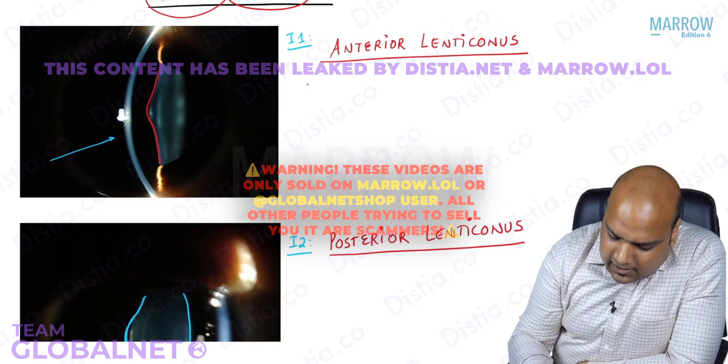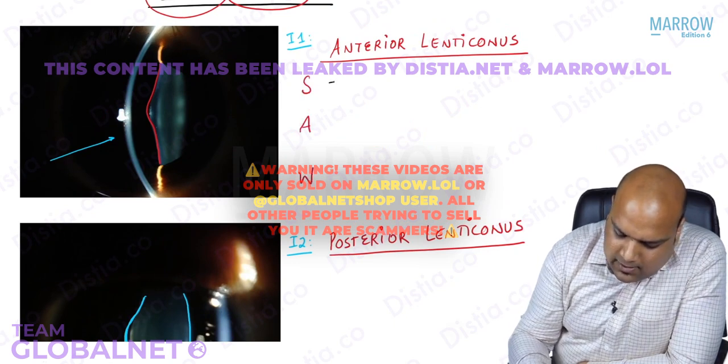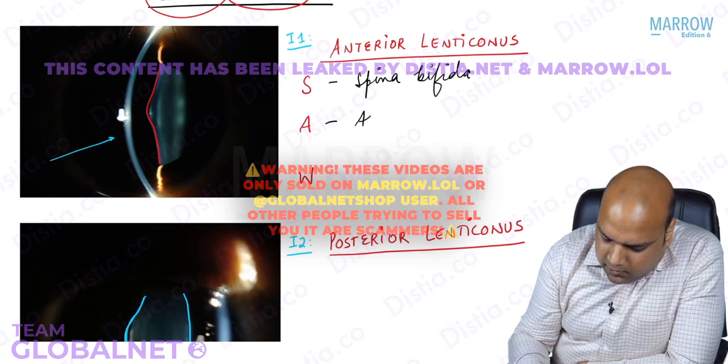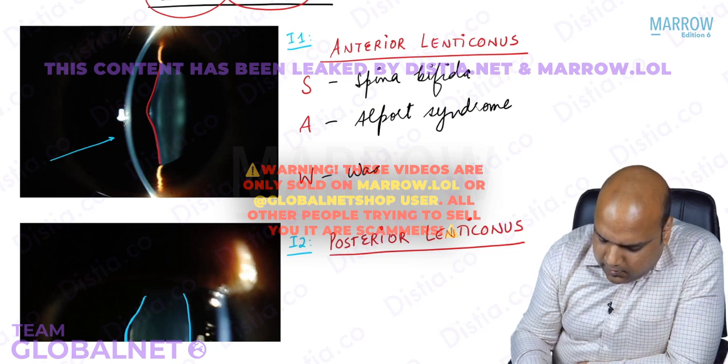Okay. Anterior lenticonus has three causes. The mnemonic becomes SAW. S for spina bifida, A for Alport syndrome, and W for Waardenburg syndrome.